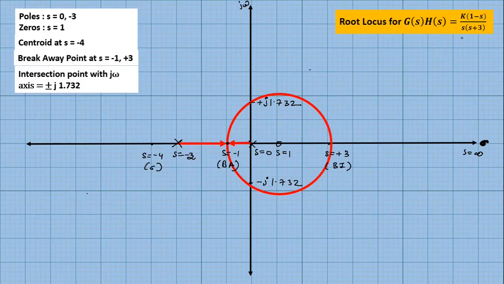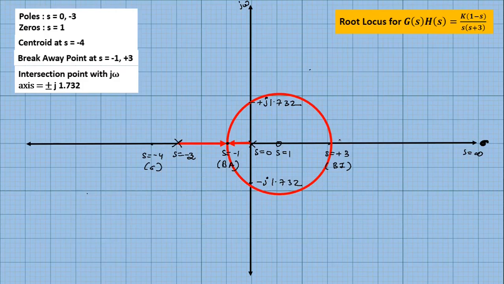As this transfer function G of s into H of s has one zero at s is equal to 1 and two poles at s is equal to 0 and at s is equal to minus 3, the branches which are coming from this breakaway point of s is equal to minus 1 will approach towards this break-in point and divide into two branches.